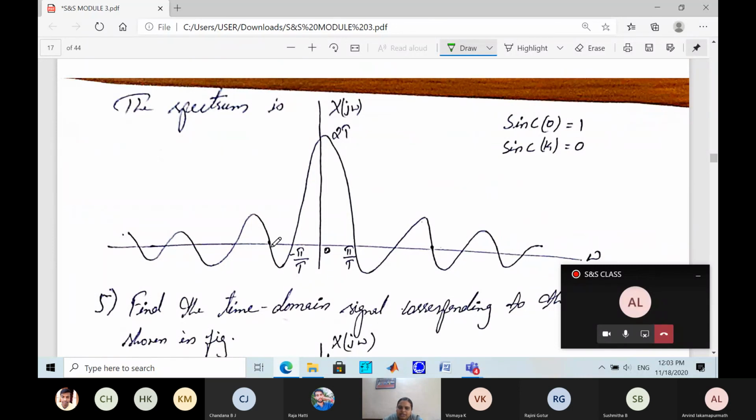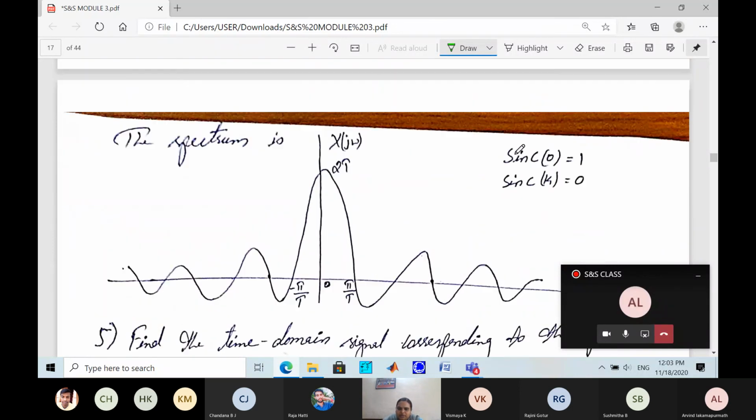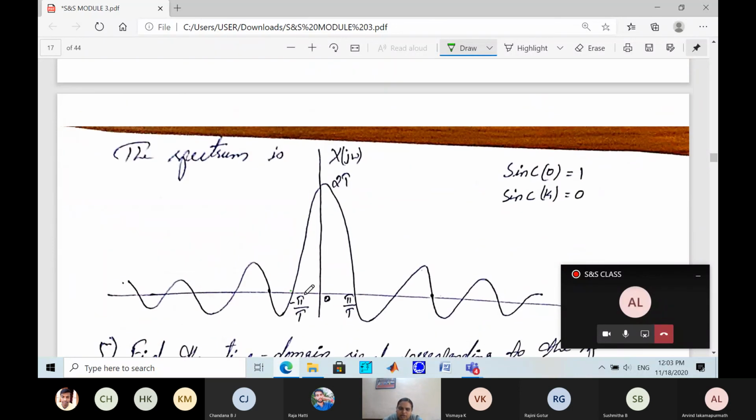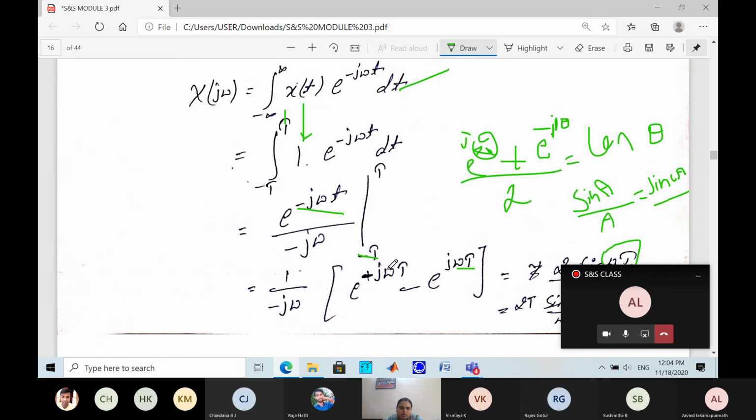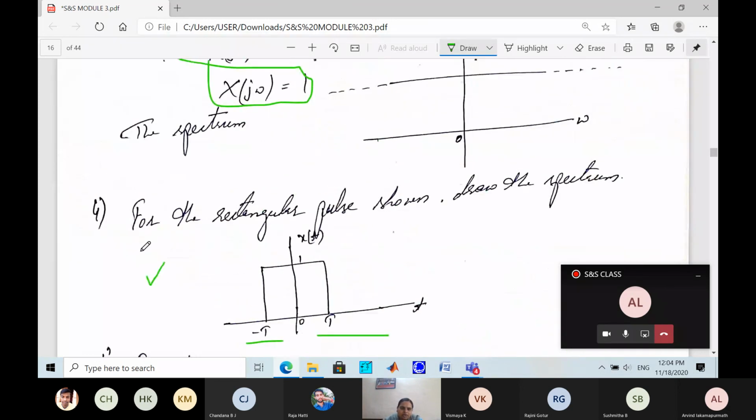When I substitute for minus pi to plus pi, you'll get it like this. If I go on substituting further values, the signal keeps decreasing on both sides. Okay, these are all important problems.